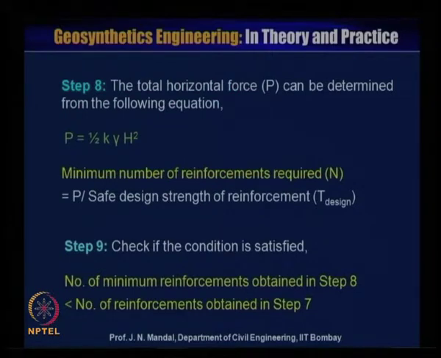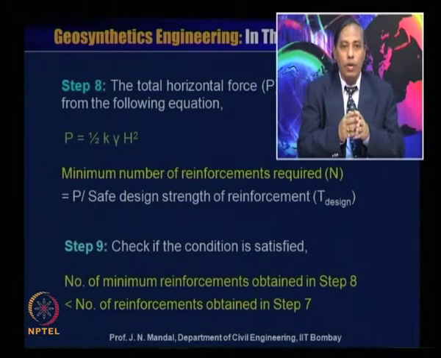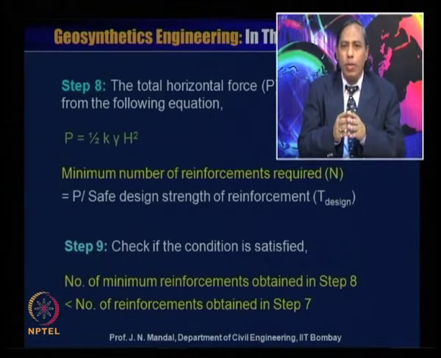Now, step 8, the total horizontal force P can be determined from the following equation: P is equal to half into K into gamma H square. The minimum number of reinforcements required is equal to P divided by the safe design strength of reinforcement, that means T design.